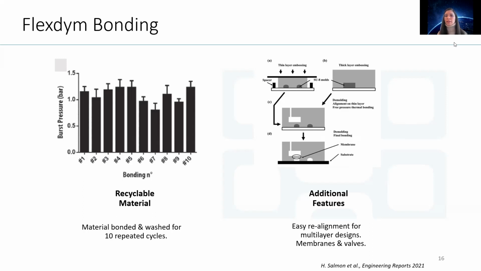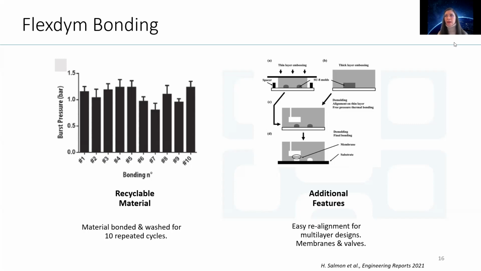So you would like to layer multiple sheets of Flexdym on top of each other. For that process, you have the opportunity to, if you mess up your alignment, try it over again. Because really with, for example, PDMS or with other thermoplastics, you're only gonna have one chance to assemble that device. And if you misalign, it's gonna go in the bin. So here you have a chance to remove your sheet and then redo the bonding again.